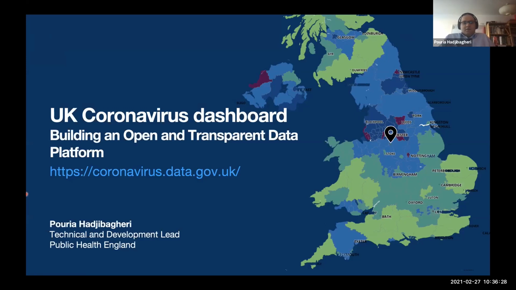The coronavirus dashboard was essentially an initial idea that was proposed and started by the head of public health data science at PHE back in early March.